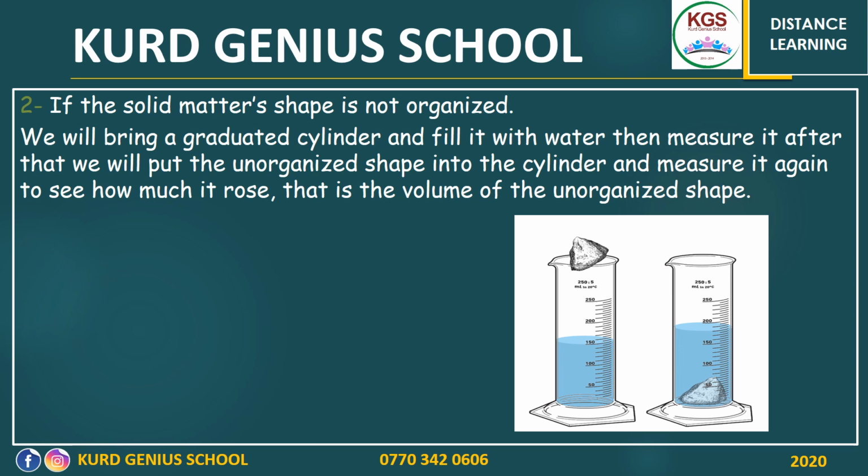I'm going to check if the water is going to rise. And apparently it did. So, it was 150 before, but now it's 180. The difference between the 150 and 180 is 30 milliliters. So this means the volume of the unorganized shaped matter is 30 milliliters.